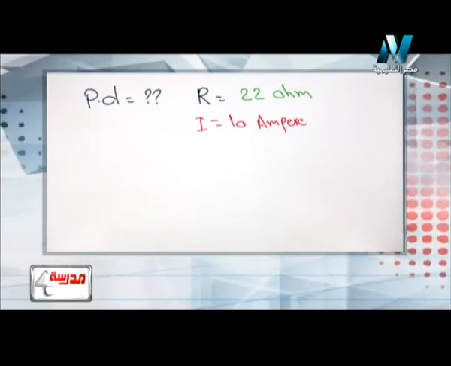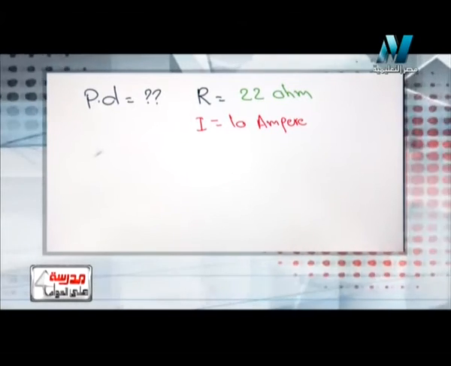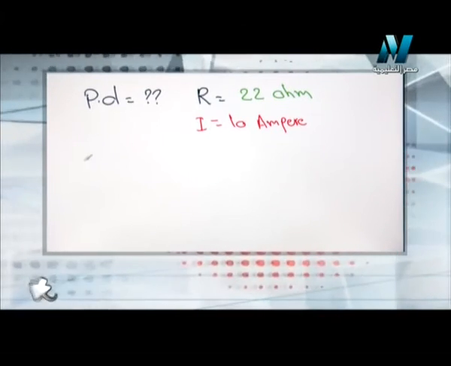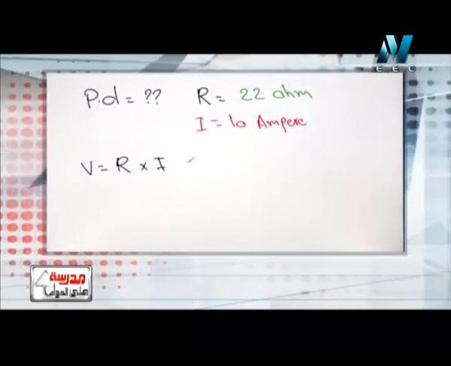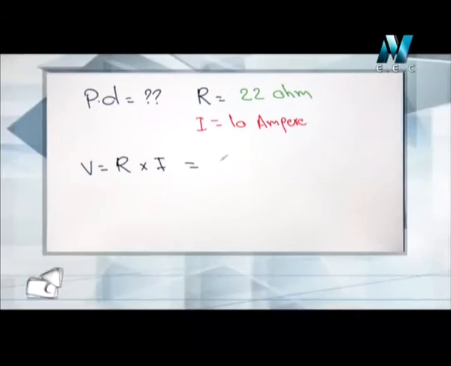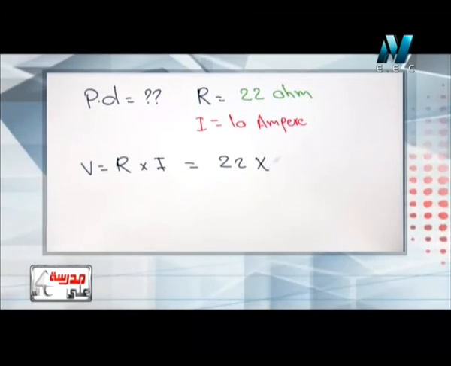So here, from the triangle, V equals R times I, which equals 22 times 10.